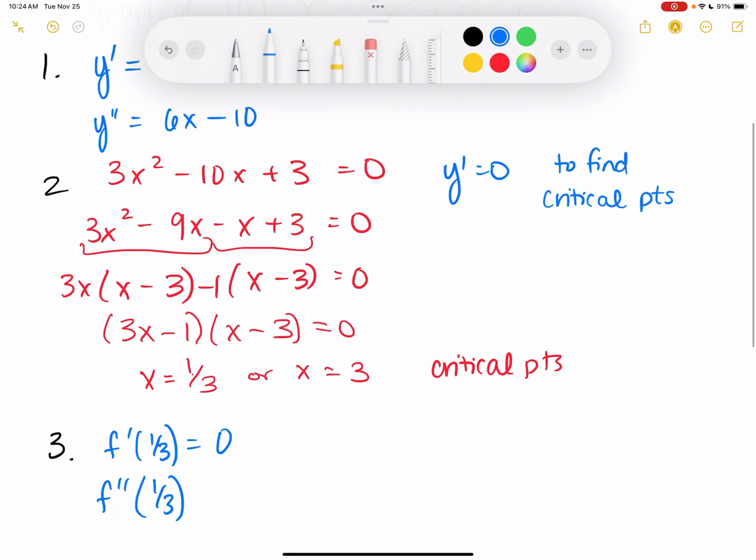That's why we went ahead and found the second derivative in step 1, just so that we already have it. I used to bounce back and forth, but I'd rather just have both derivatives there. It's just easier for me to find. So we plug that in. We have 6 times 1/3 minus 10. So 6 times 1/3 just becomes 2 minus 10, so that's -8.